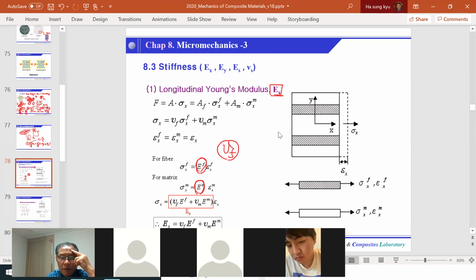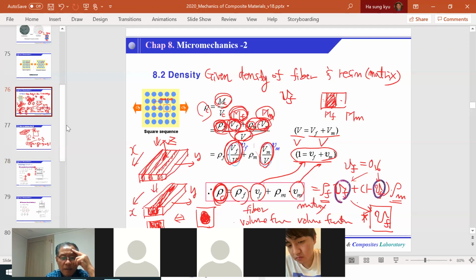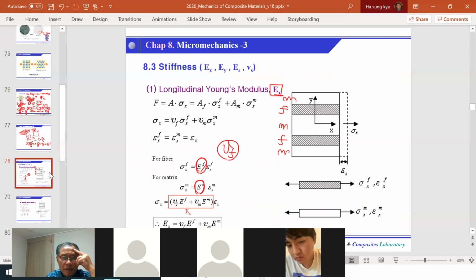In other words, we have a composite. This is the fiber, and this is the matrix, fiber and matrix. This kind of arrangement represents the real composite. This is a very simple model, what we call the simplicity model.